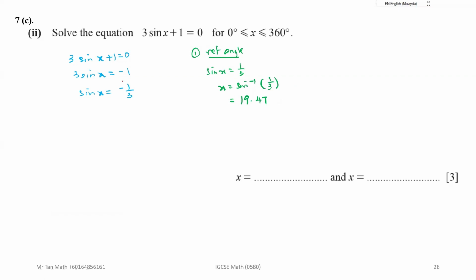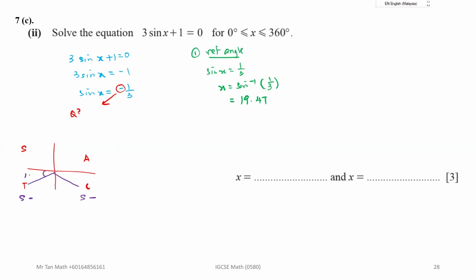Then the negative is the quadrant. This negative here refers to which quadrant? Okay, so we have A, C, T, S. So sine negative will be here. So we read from here and here.